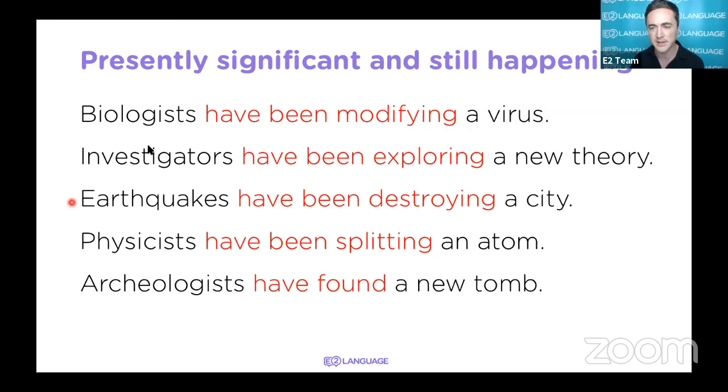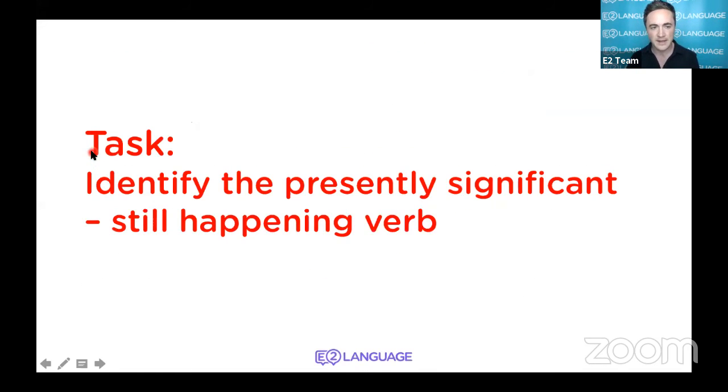Earthquakes have been destroying a city for the last 2.5 hours. Physicists have been splitting an apple. Been splitting an apple, a Granny Smith apple. Physicists have been splitting an atom. And archaeologists, whoops, my mistake. That should be have been finding a new tomb. Well, that's why I didn't do that. It doesn't make sense.